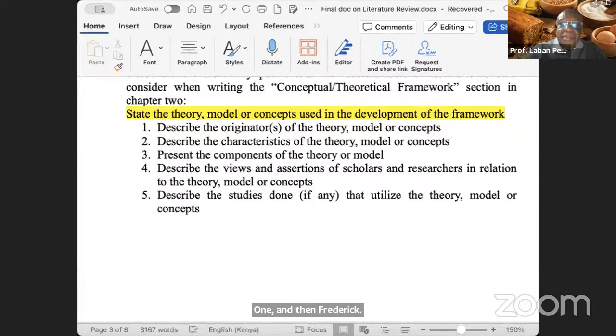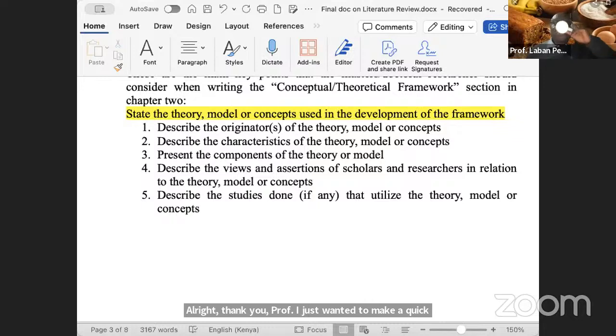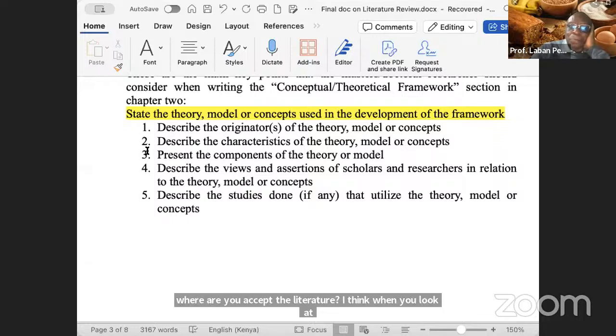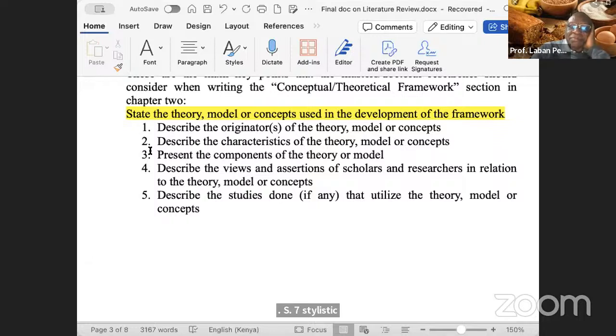I just wanted to make a quick comment regarding the use of first person, when you are talking about the overview section, where you're telling the reader how you accessed the literature. I think APA 7 stylistics actually recommends the use of first person, because it is better to reduce ambiguity.